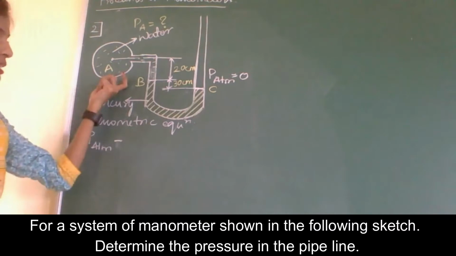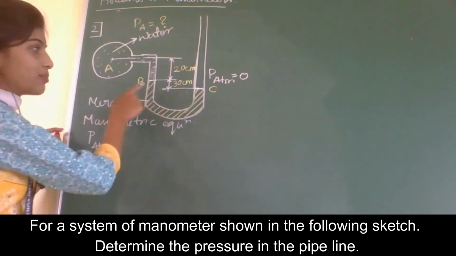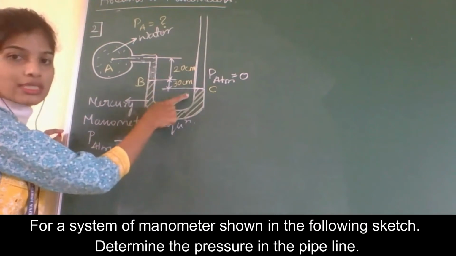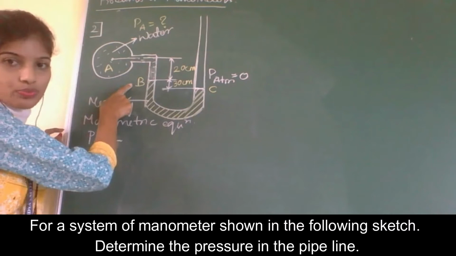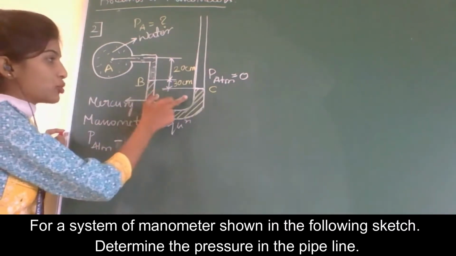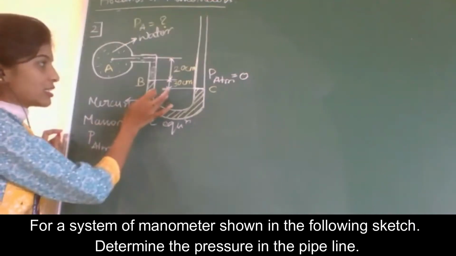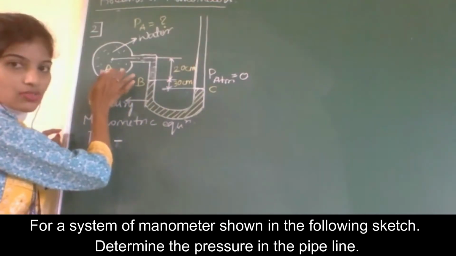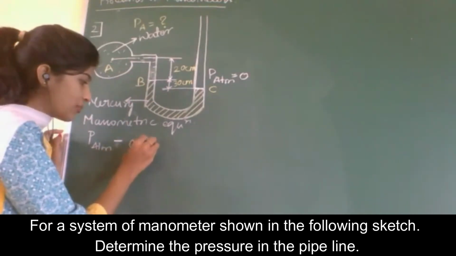The pressure at this point B: as B is above C, compared to C, B is above, so you have to subtract. So minus. The height difference from B to C is 30 centimeter, so it is 0.3 meters.